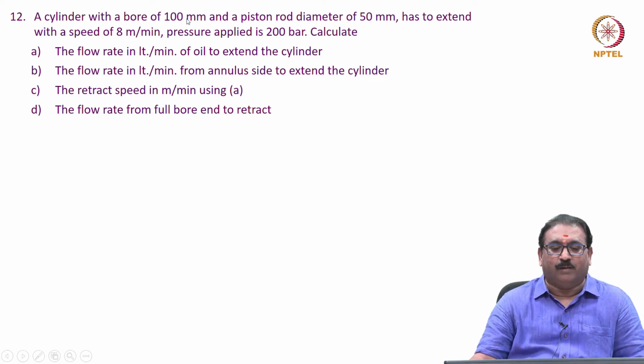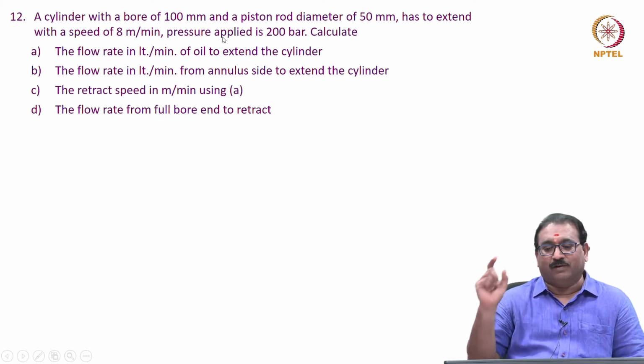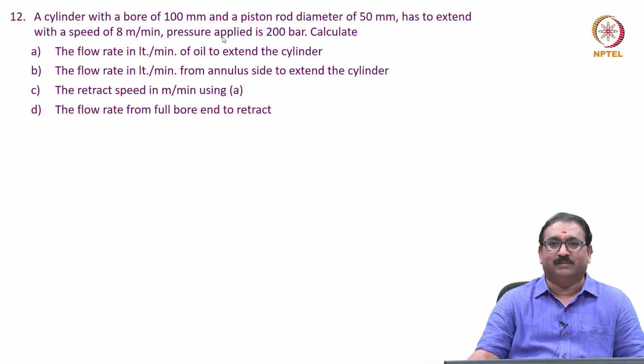A cylinder with a bore of 100 mm and a piston rod diameter of 50 mm. dP is given, dr is given. It has to extend with a velocity of 8 meters per minute. Pressure applied, P, is given as 200 bar. You will convert into Pascal by multiplying by 10 to the power of 5. Calculate the flow rate in liters per minute of oil to extend the cylinder.